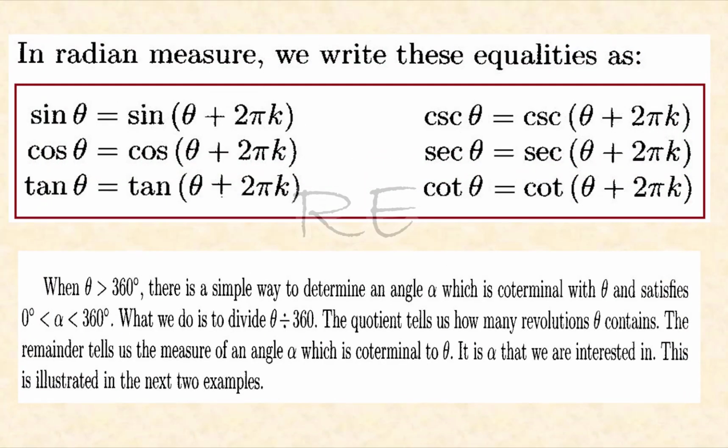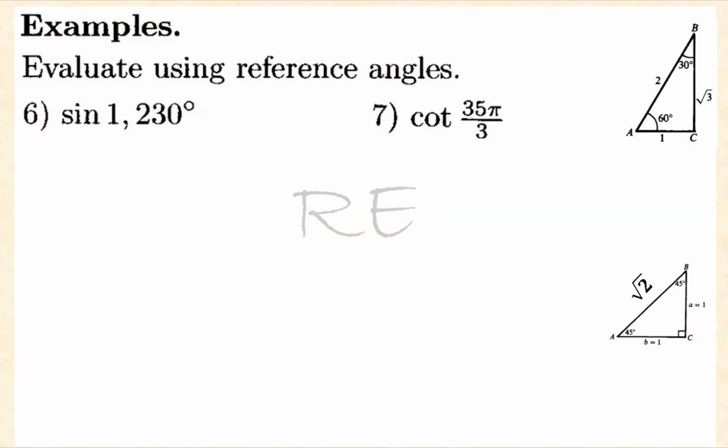In radian measure, we write these equalities as sine theta is equal to sine of theta plus 2 pi multiplied by k, k being an integer. And this fact is true for all the other trigonometric ratios.